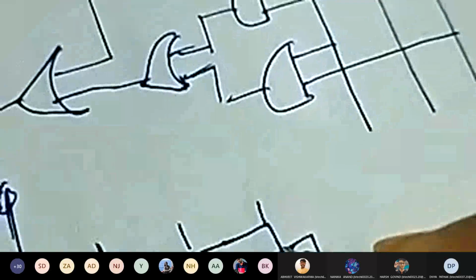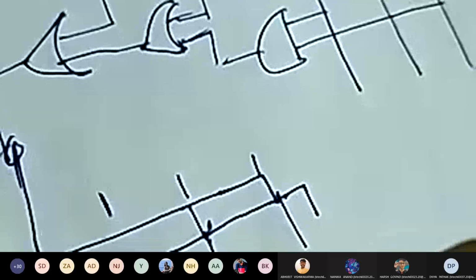So you will be getting here 1, here 1. So now what will this whole value become? It will become 0, 1, 1, and this 0 is 0. That means it is 6.